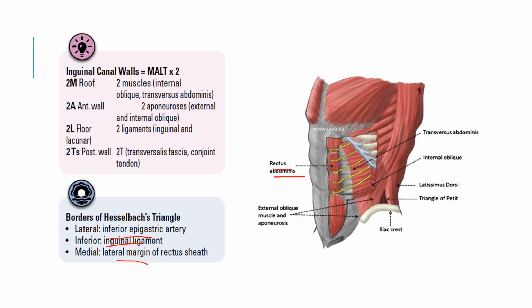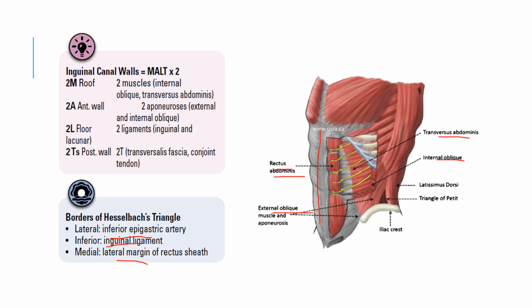Down that you have the rectus abdominis first, joining in the midline by linea alba. Underneath, first you have the external oblique, the muscle and the aponeurosis. Inside that you have the internal oblique. Deeper to that you have the transversus abdominis.